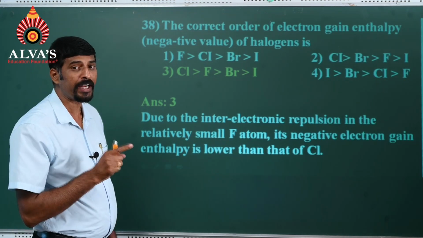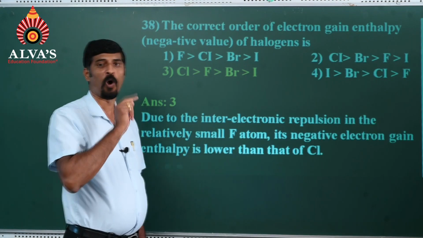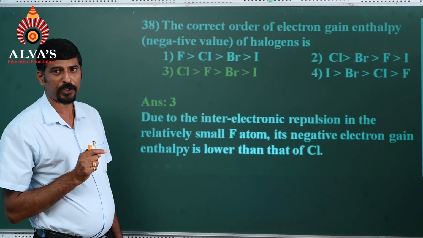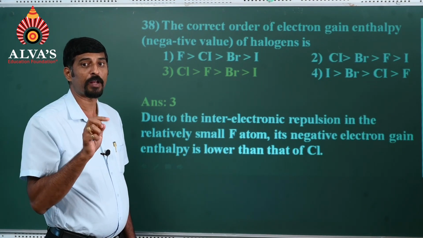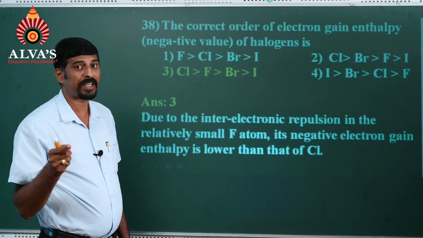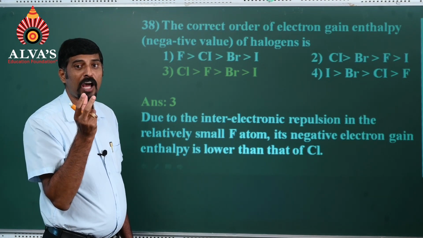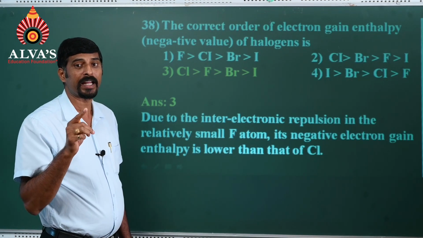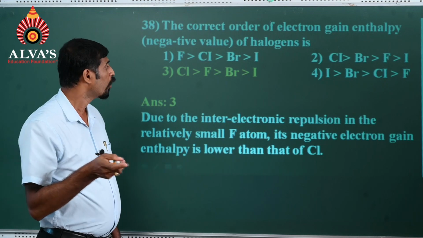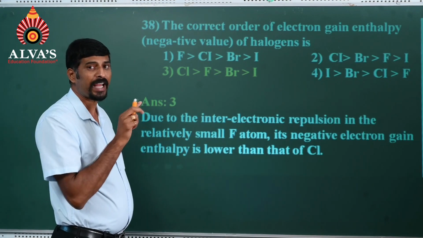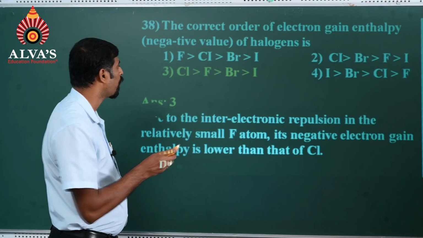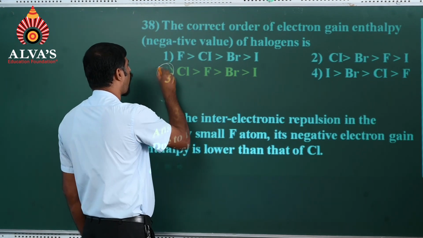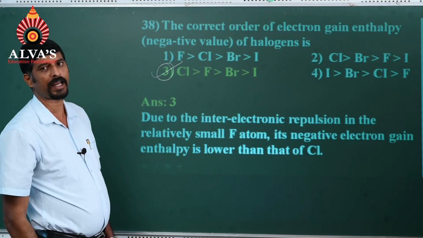In the case of fluorine, inter-electronic repulsion is more. Hence, in order to overcome this inter-electronic repulsion, some energy is absorbed. Therefore, liberated energy is less. But in the case of chlorine, it is a little bit larger, inter-electronic repulsion is less. That's why liberated energy will be more. Therefore, chlorine has a more negative electron gain enthalpy when compared to fluorine, bromine and iodine. Therefore, option third is the right answer.